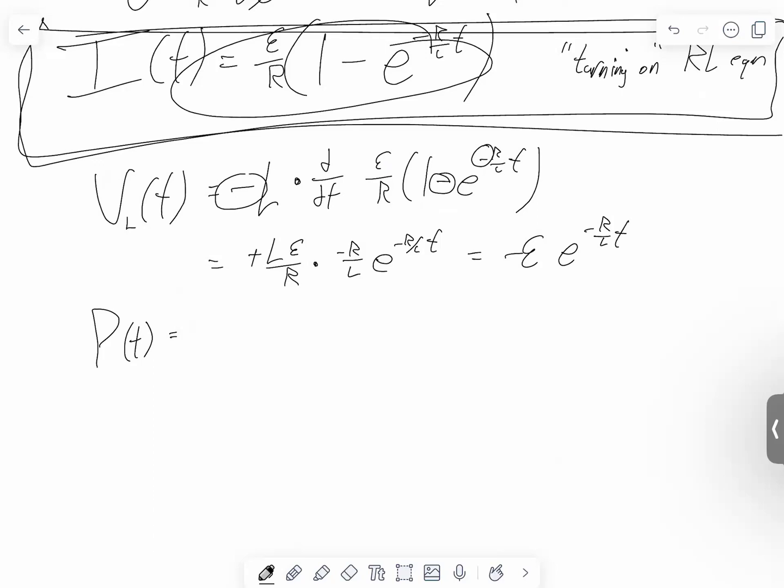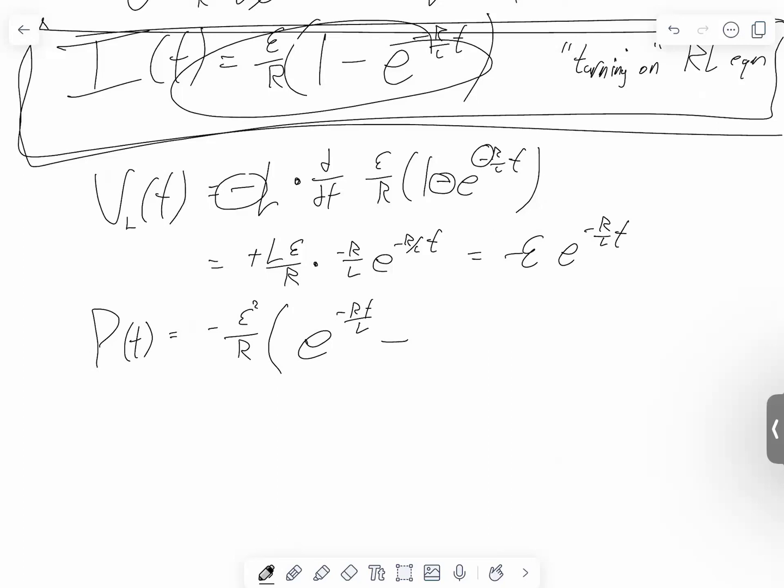Okay, so what's power? Negative E squared over R. I'm pulling out the constants. This times this: 1 times e to the negative blah t.